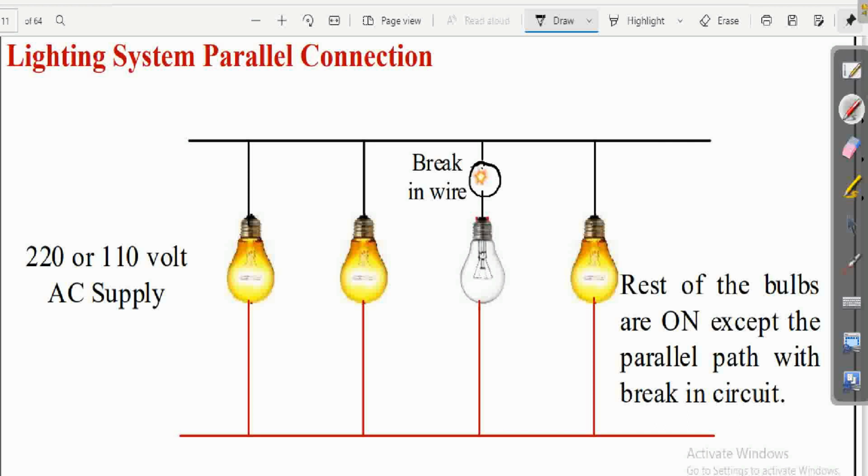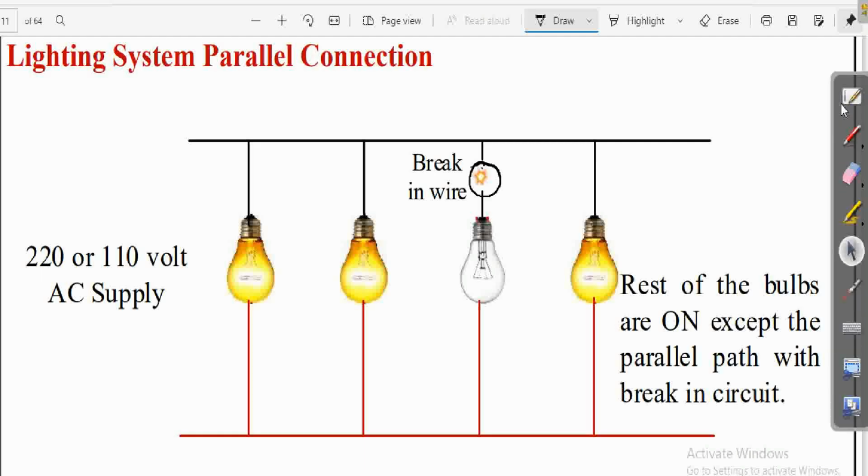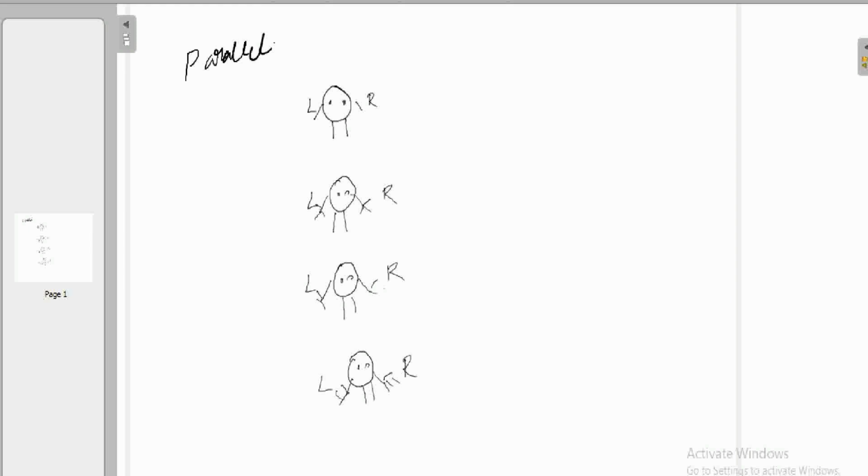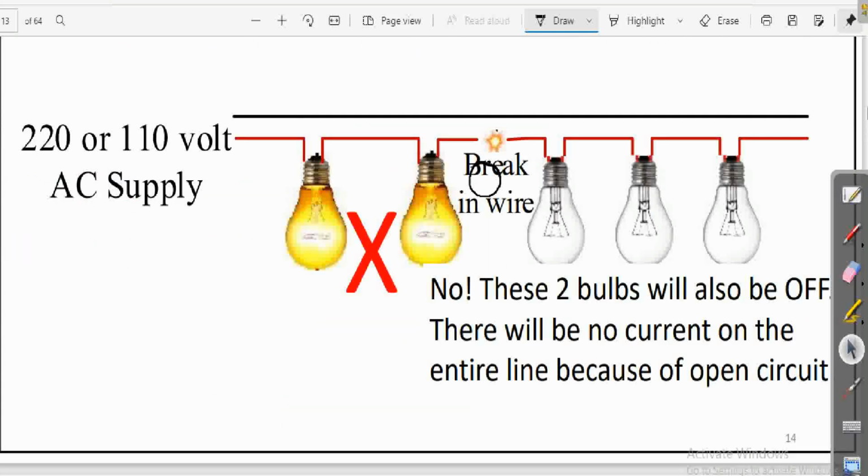The next is the series connection. Here the bulbs are connected in series.